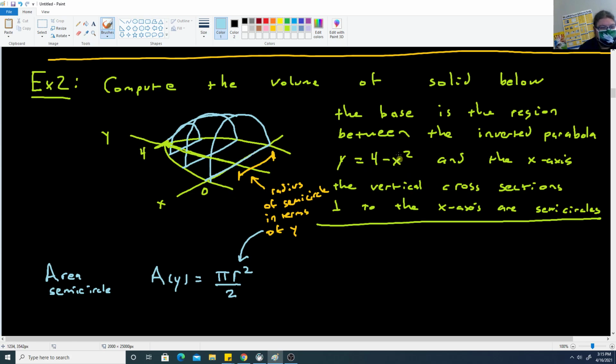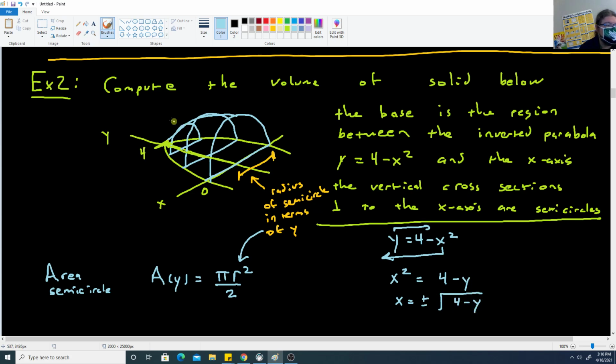So I'm going to rearrange this expression here. If we have y equals 4 minus x squared, we can move the x squared over and pull the y back over. This will become x squared equals 4 minus y. To get rid of the square, x is plus or minus the square root of 4 minus y.